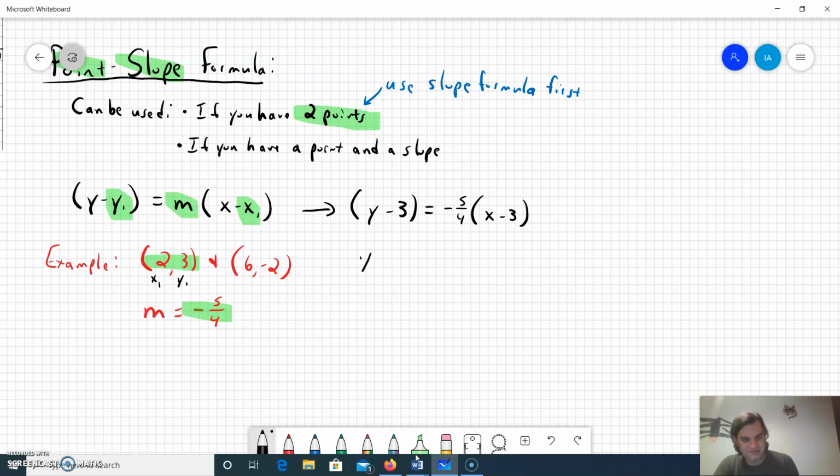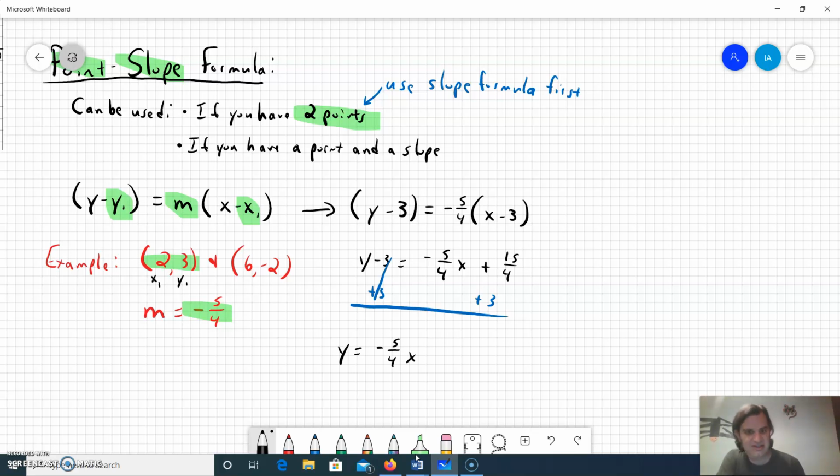We will use the distributive property. We have y minus 3 equals negative 5/4 x plus 5/4 times 2, which would be 10/4. So what I need to do is get y by itself, so I'll add 3 to both sides. Now I'll have y equals negative 5/4 x.